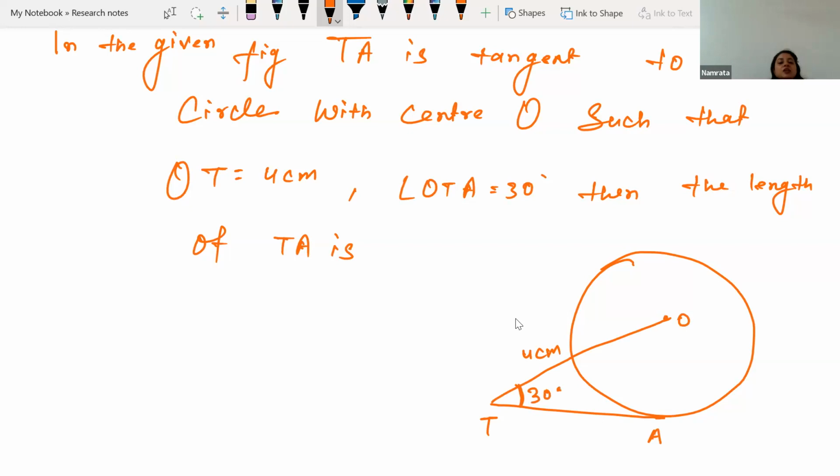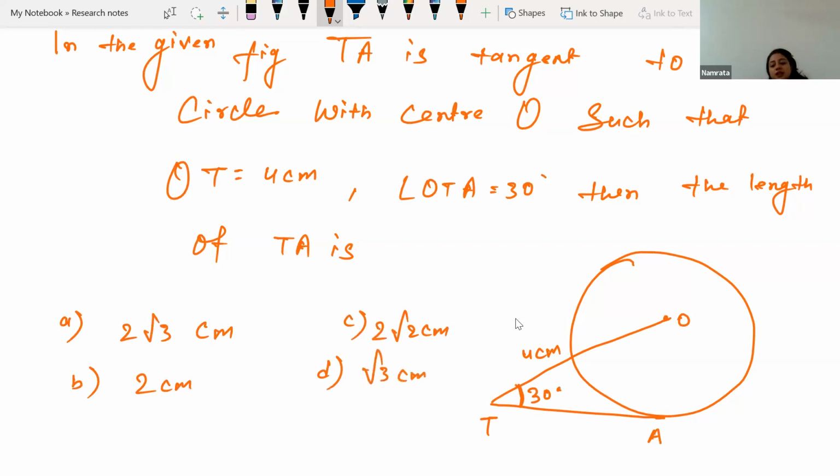Then we have to find the length of TA. What to do over here? Anyone?